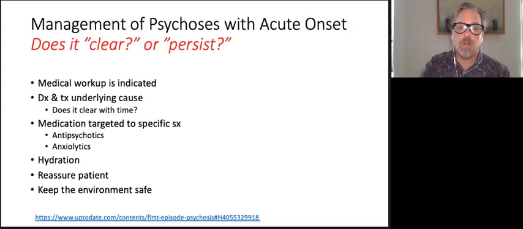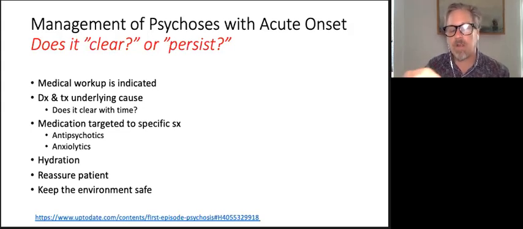And then we begin to treat the patient, or we begin to observe them, and we watch to see, does it clear or does it persist, the psychotic symptoms? So we obviously, if somebody's never had psychotic symptoms before, we need to do a medical workup to look for medical organic causes of their psychosis. And if we find those, if we find, say, lab abnormalities and we treat them, the question is, do those symptoms begin to clear up over time?